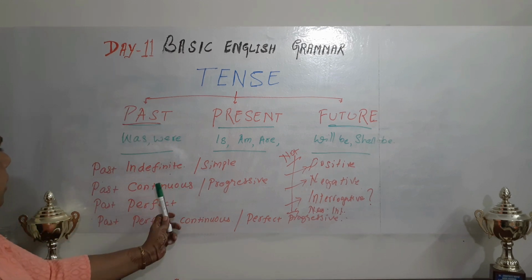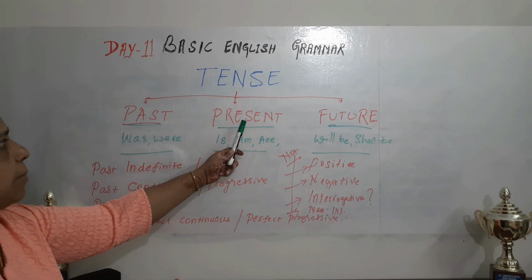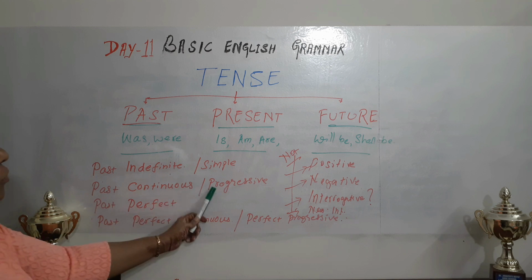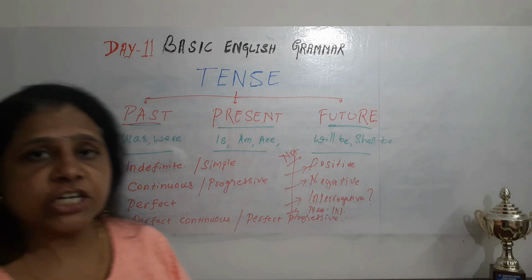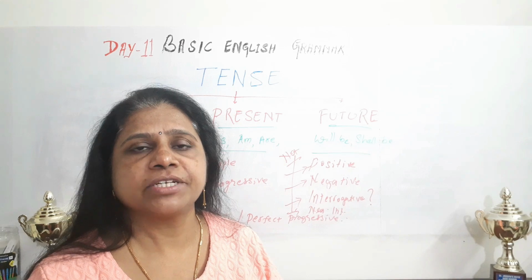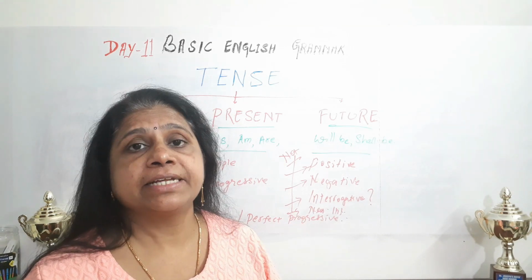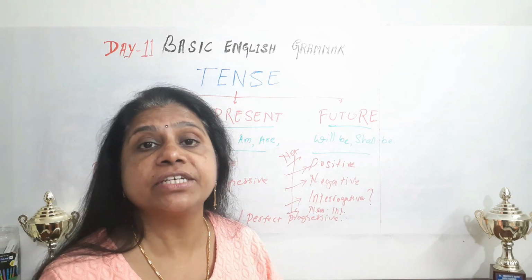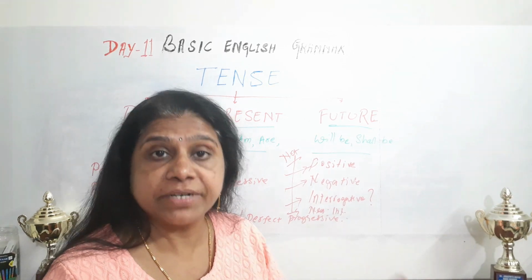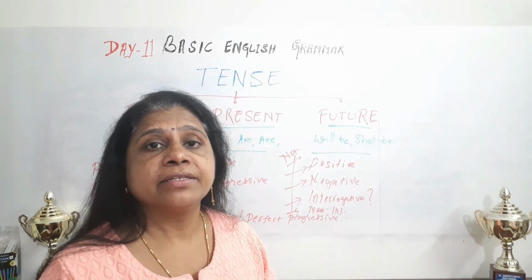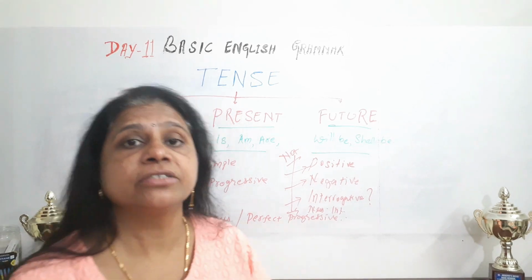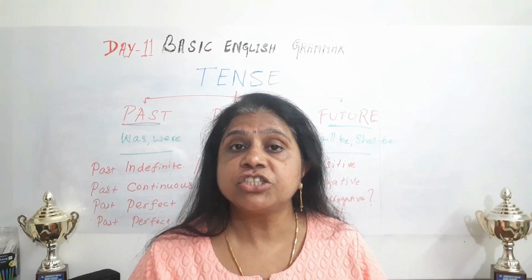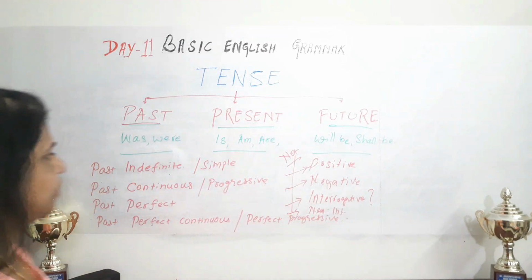Alright, continuous or progressive in present, both are the same. In present tense, something is happening or going on, the action is going on, work is going on. I am teaching, so the thing is going on.